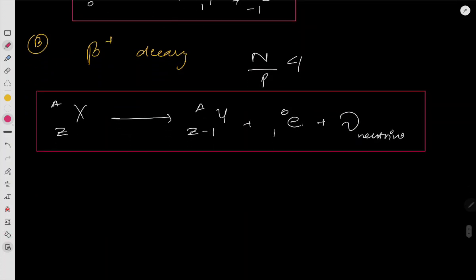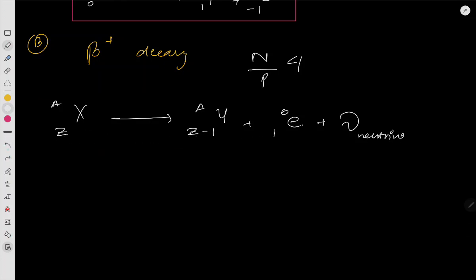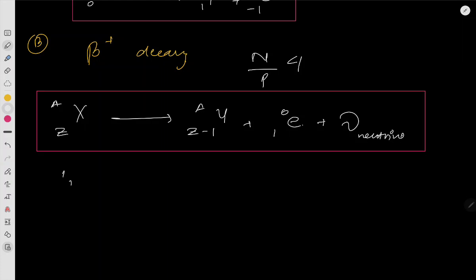And now let us understand what happened once again in this bottom part. So there was this one proton in X which got transformed into one neutron and one positron.